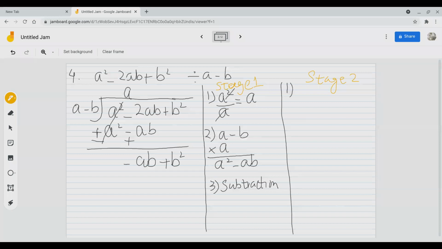Stage 2, we have the first term minus ab. I will divide by a. I'm getting minus b answer. Now multiply the divisor, all terms, with this b. Multiply, this is minus ab plus b square.